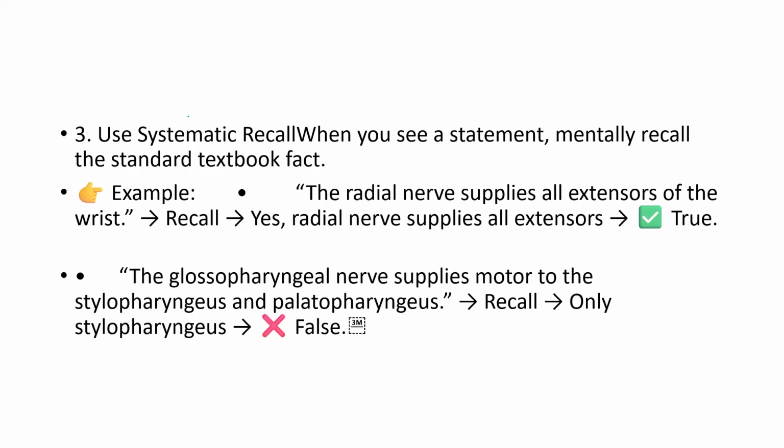In the previous question, the radial nerve supplies all the extensors. Then you have to work on that one: if the extensors are supplied by the radial nerve, what is the supply for the flexor compartment? That is the ulnar nerve and the median nerve. Then automatically this answer will be true. Like that, remember.